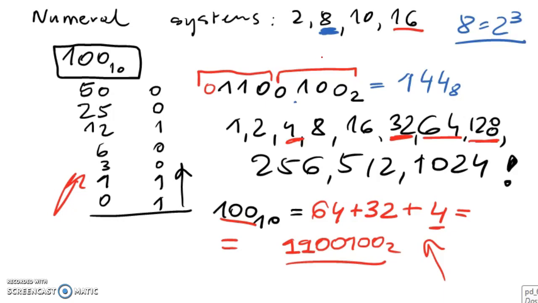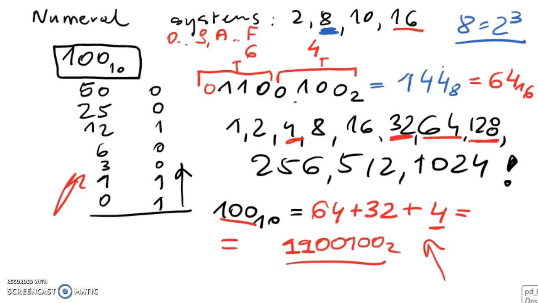Then you encode each group using hexadecimal digits, which are 0 to 9 and then A to F. I hope you remember it from high school. As you can see, this is 4 and this is 6. So this is equal to 64 in hexadecimal.